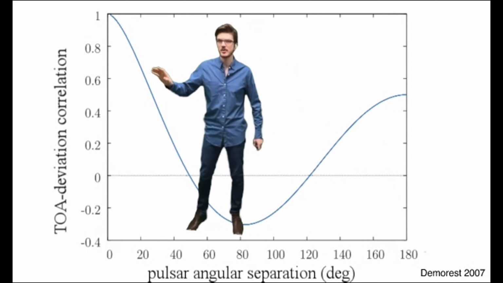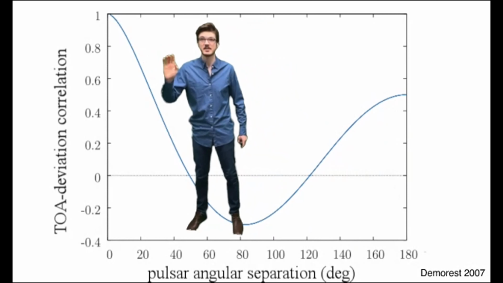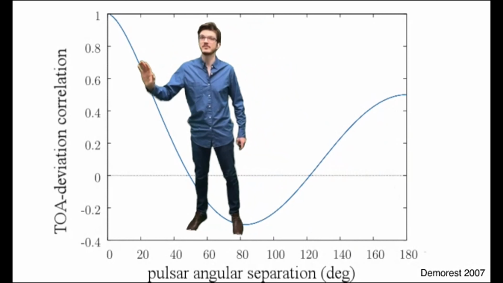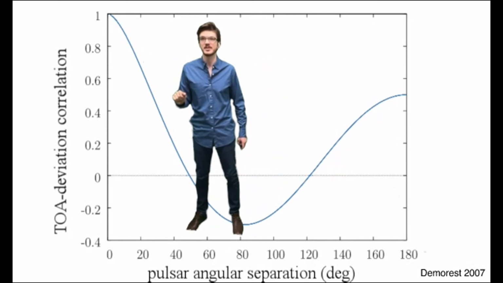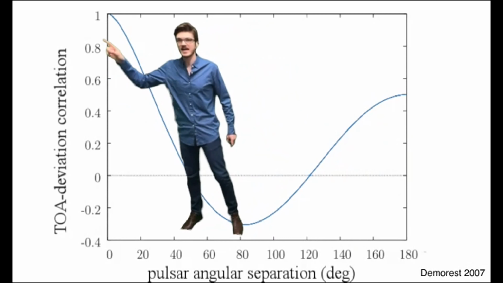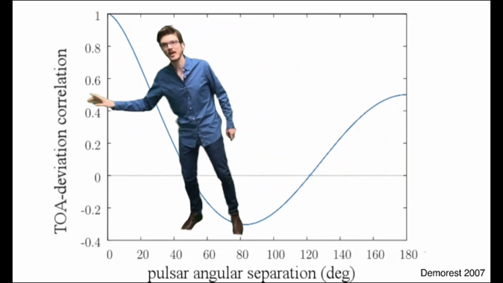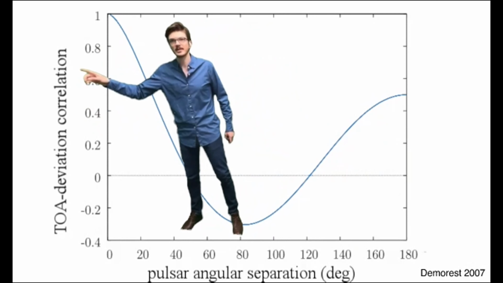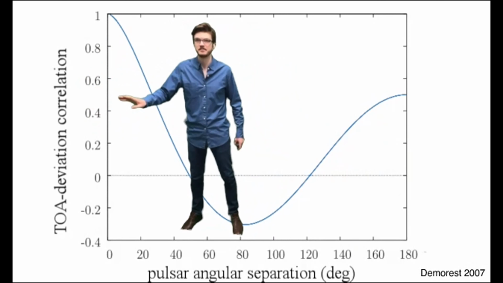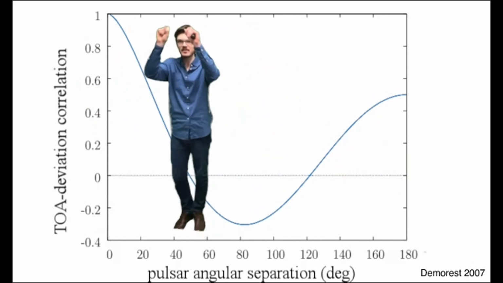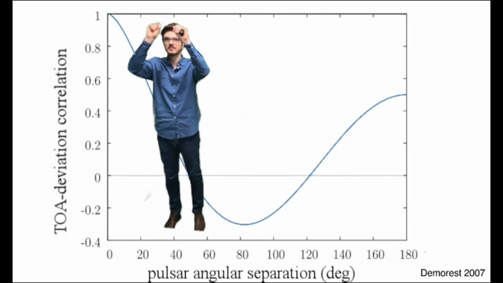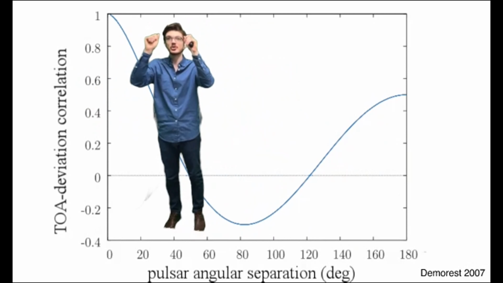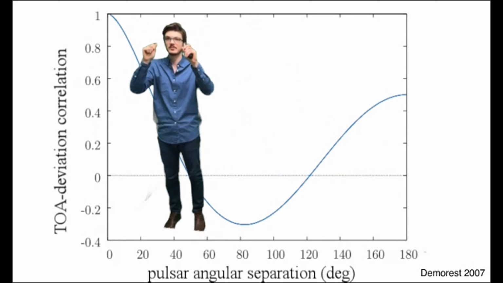So what this graph is showing is what it would look like to detect a gravitational wave in your pulse times of arrival data. On the y-axis, we have the TOA deviation correlation. Let's break that down. What that means is, for a given pair of pulsars, how would we expect their pulse times of arrival to change due to a passing gravitational wave?